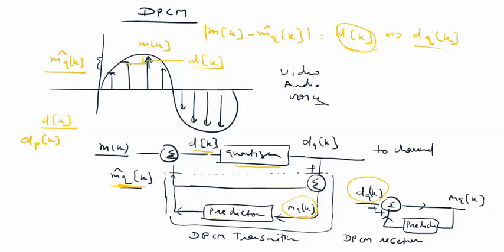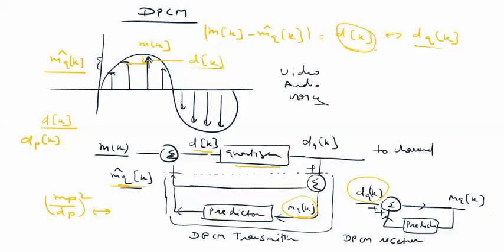In the current case we transmit DK, the maximum value of the difference, Dp. We are transmitting only the peak difference. So the noise is reduced by the factor Mp upon Dp squared, and SNR is improved by the same factor. For this purpose we use a memory element in PCM.